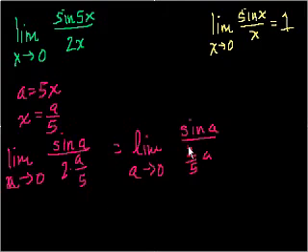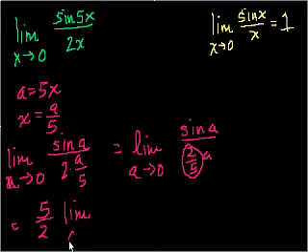Well, that's the same thing. We could take this 1 over 2/5 out, since it's in the denominator. This is just a constant term, so we could take it out of the limit. And obviously, if we're taking it out of the denominator, it flips, because it's 1 over 2/5, or 5/2. So that equals 5/2 times the limit as a approaches 0 of sine of a over a.